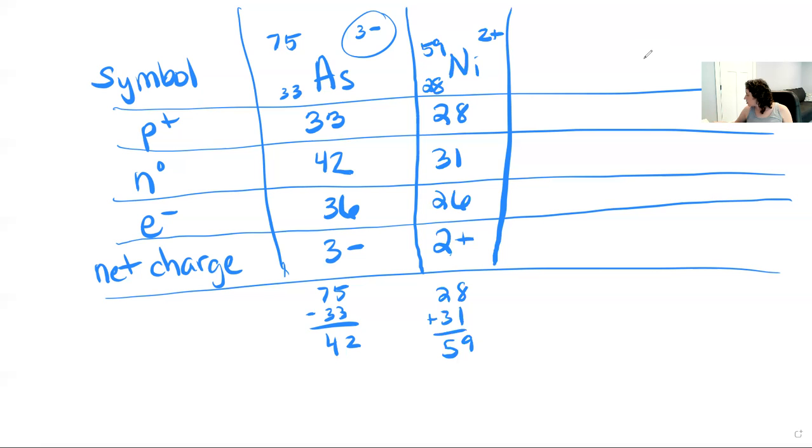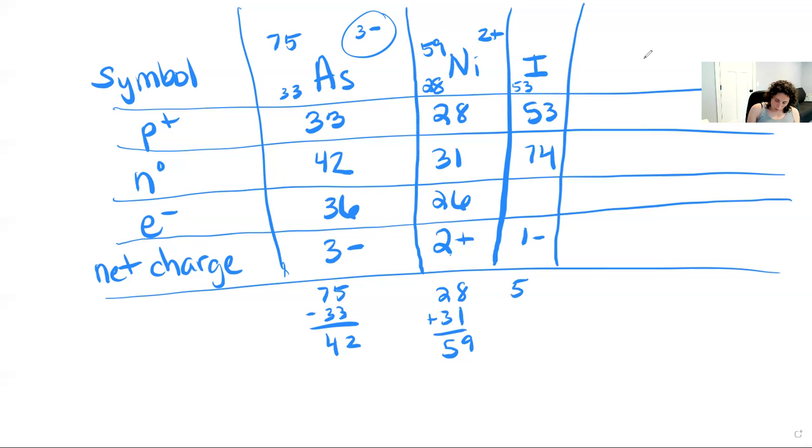Okay, 2 more. This time we're going to go with protons, neutrons, and the net charge. Starting with that symbol, 53 protons will tell me what that is. 53 is iodine. So I have a little 53 down here.